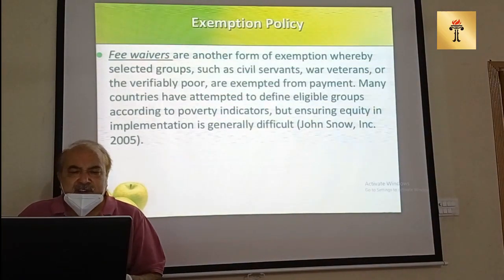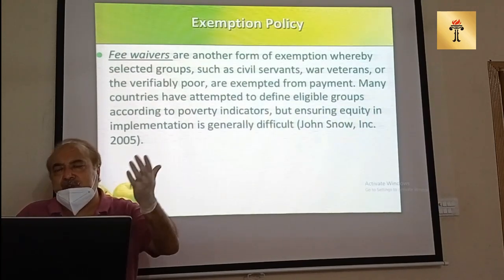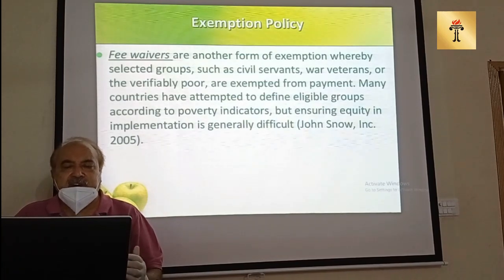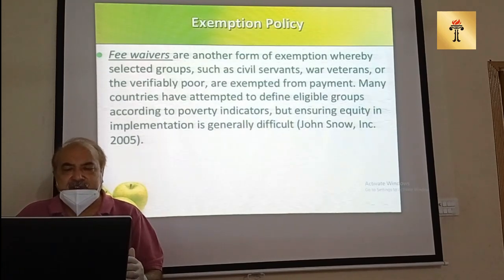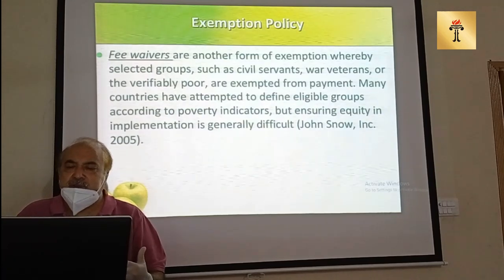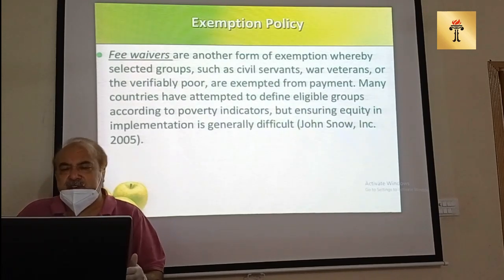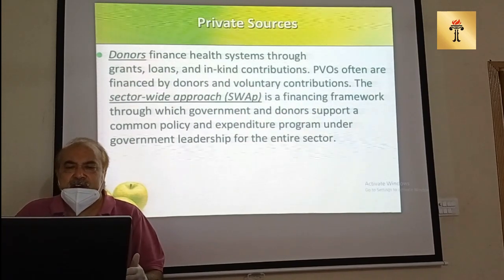Then there are fee waivers for selected groups like civil servants and war veterans in different countries. I told you in the American model there is a waiver of fees. Even if someone is a veteran or an ex-civil servant, or very poor, his fees are waived off.